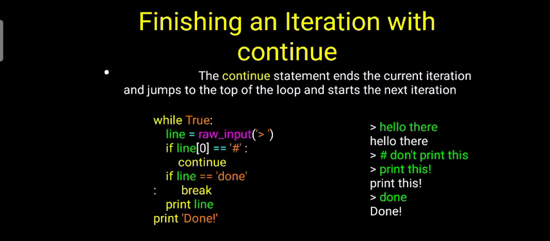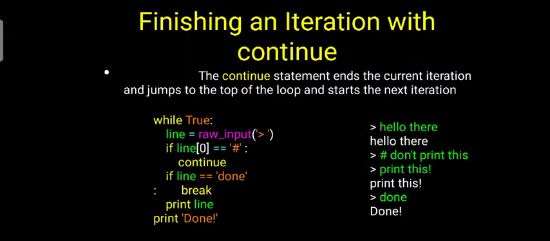Similarly, we have another statement that is known as continue. The continue statement ends the current iteration and jumps to the top of the loop and starts the next iteration. It means it is also used with some conditions, and based on the conditions, the control jumps to the top of the loop and starts the next iteration. See in the output, whenever we give an input hello there, we place a hash, don't print this.